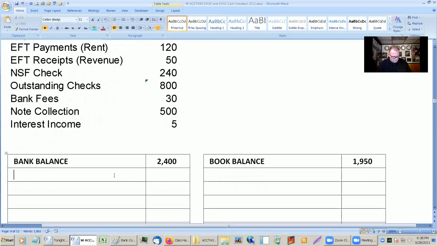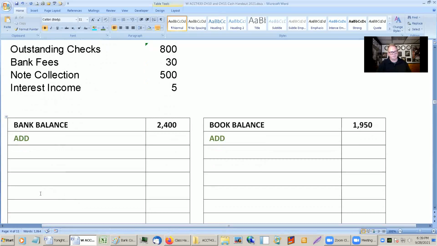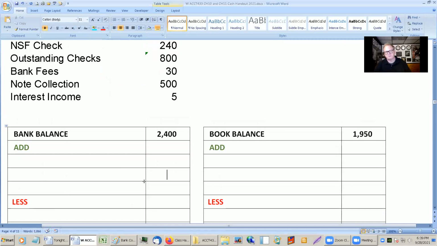Okay, we're going to add some things to the bank side, add some things to the book side, and we're also going to take some things away from each side.